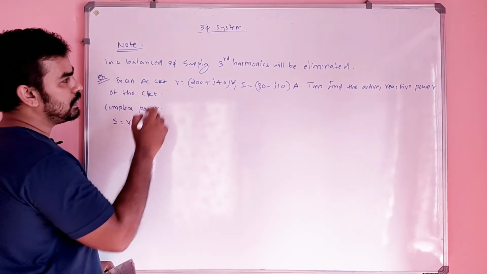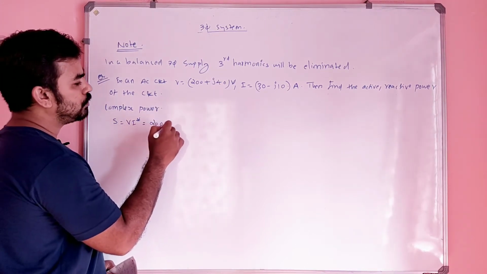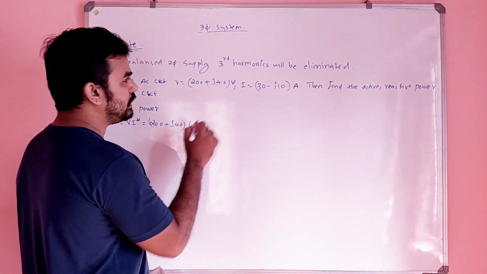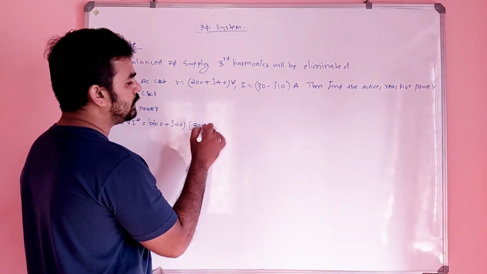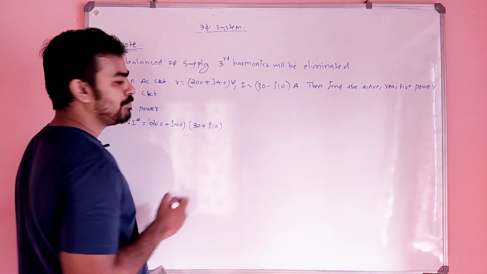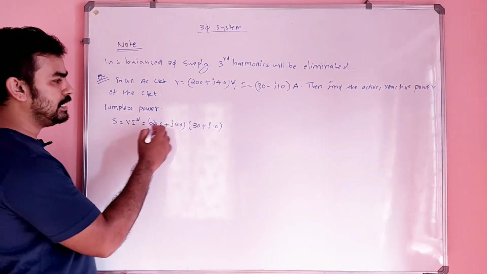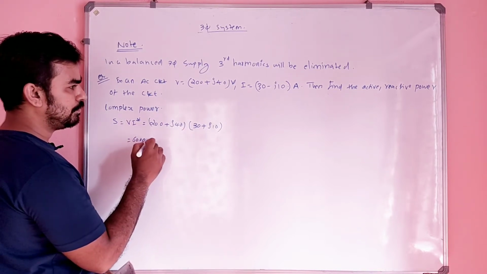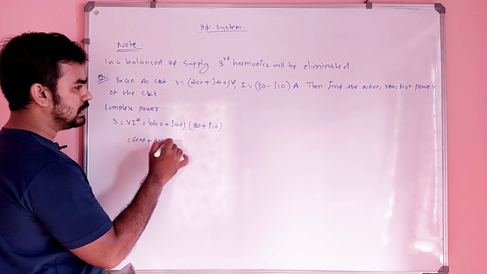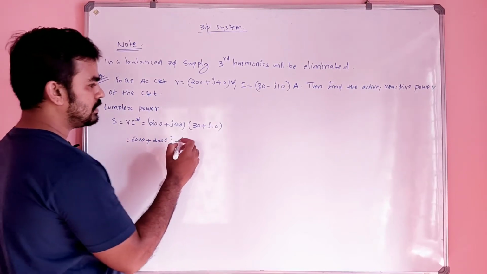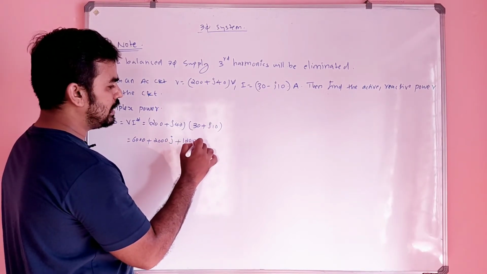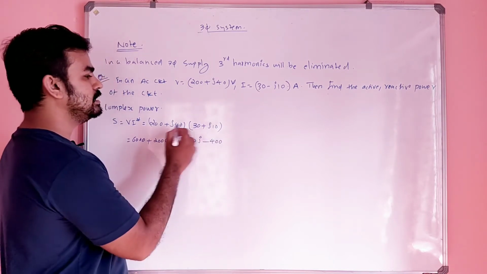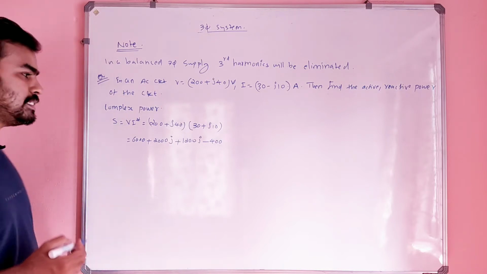What is the expression for V here? 200 plus j40, into I conjugate. I conjugate is nothing but 30 plus j10. Correct or wrong? Simply cross multiply it. What do I get? 6000 plus 2000j plus 1200j minus 400, because j into j is j square, which is minus 1.